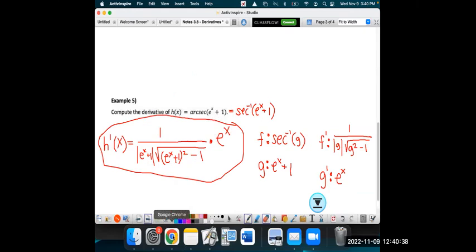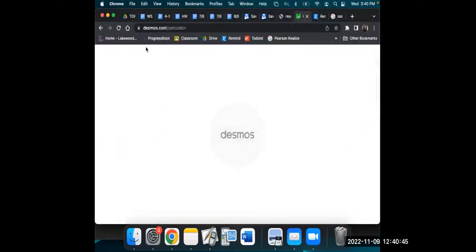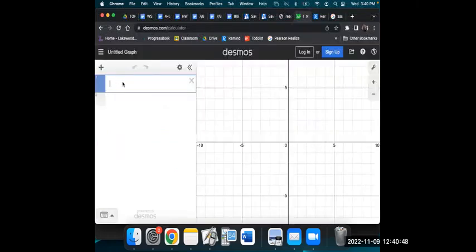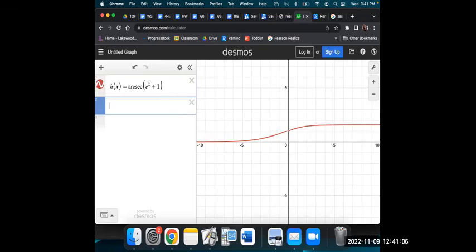Now, I'm also just going to show you Desmos really quick, because you can technically check your answers on Desmos. It's not like you're allowed to use Desmos on a quiz, so calm down here. But you could at least check your stuff whenever you don't have your calculator available. So I'm going to turn off h of x.